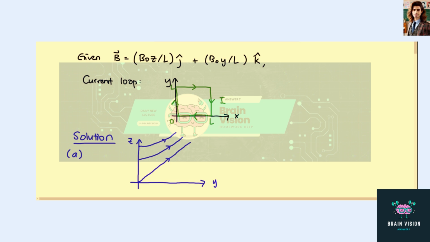On the y axis, that's where z equals 0, so initially you start pointing along the k direction, and then you start curving along the y equals z line. So that's how the magnetic field looks like in the YZ plane.